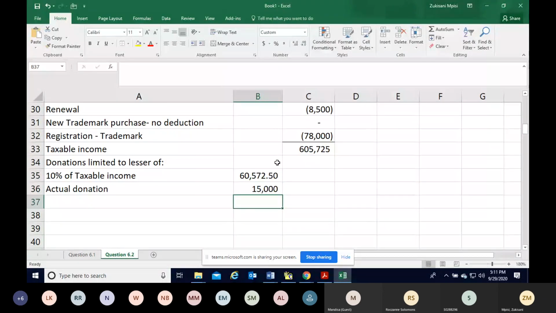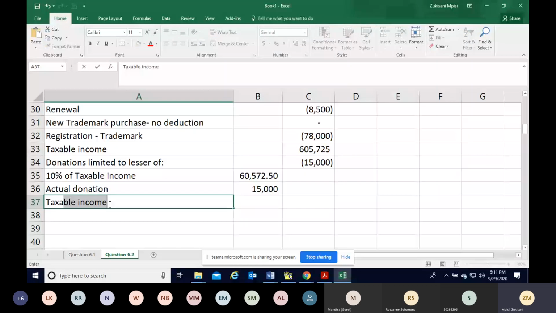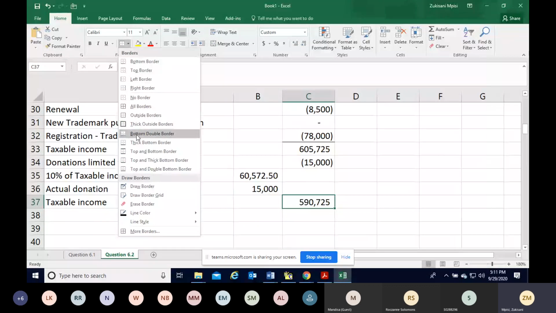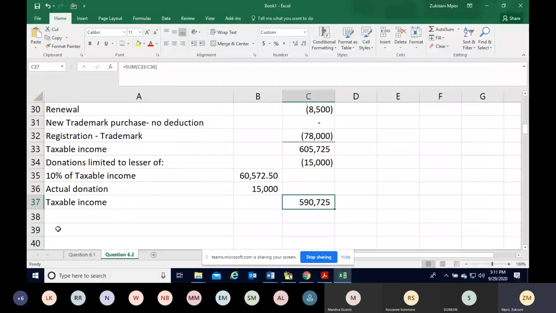It's the lesser of these two. What is the lesser? The lesser is therefore 15,000. Therefore, your taxable income is therefore 590,725. I hope everyone was able to follow through.